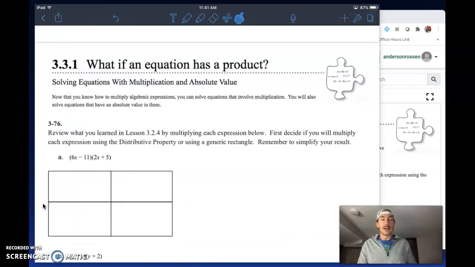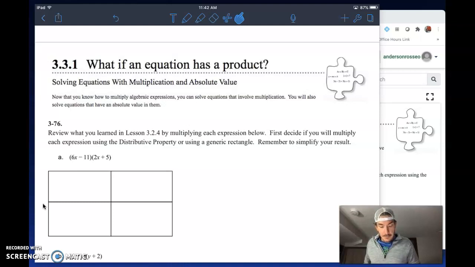I have here on our notes, we're going to start with section 3.3.1, problem number 3-76, and we're going to multiply the two expressions. I'll show you both the generic rectangle option as well as the distributive property that maybe we've seen prior to this.